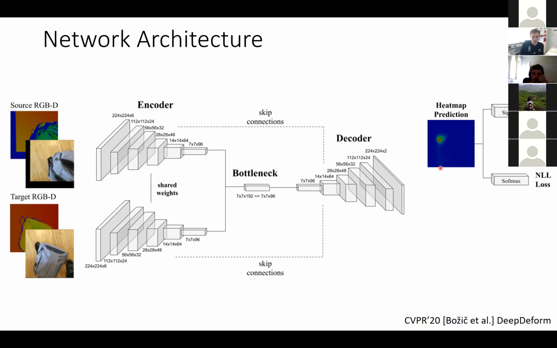And then the important thing here is this: we have a binary cross entropy loss that tells us, for every pixel independently, is that the point we are looking for? And then we also have a softmax loss that goes over the entire image, because we now know that this point has to be somewhere here, or we're assuming it has to be somewhere here.